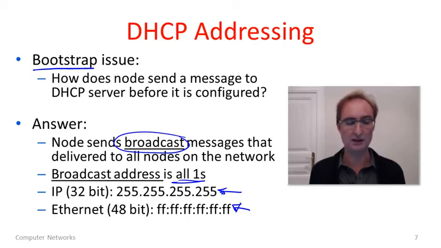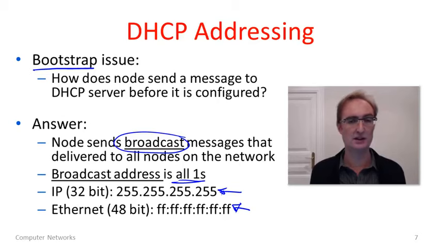The reason is that an Ethernet address is usually written as 6 chunks of 8 bits, and each 8-bit quantity is expressed as 2 hexadecimal digits, where a hexadecimal digit goes from 0 through F. So F is the highest, it has all of the ones on. When you turn all of the ones on, the broadcast address on an Ethernet is FF, FF, FF, FF, FF, FF. So there you have it.